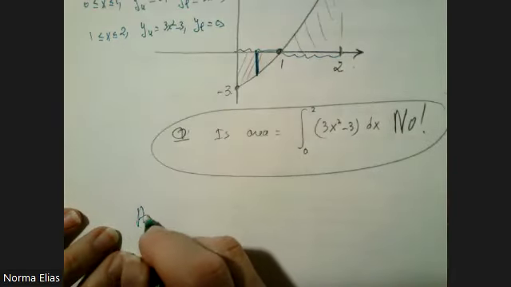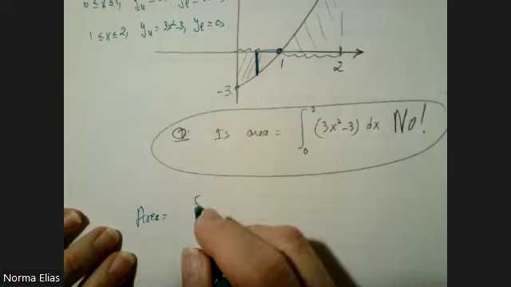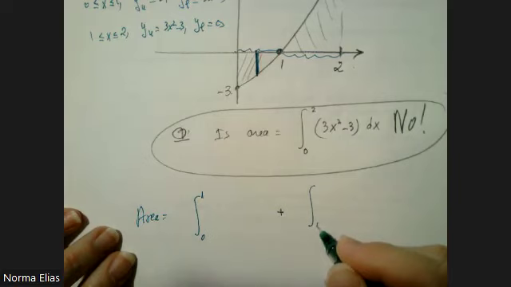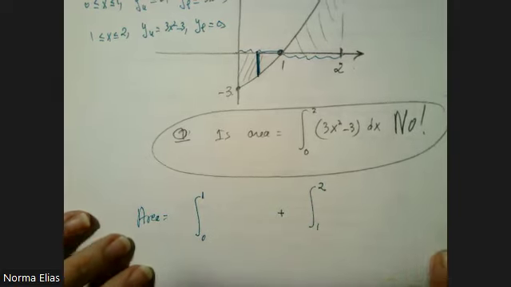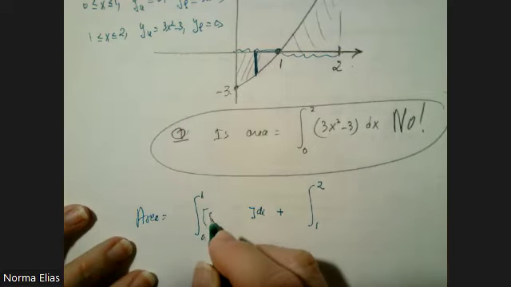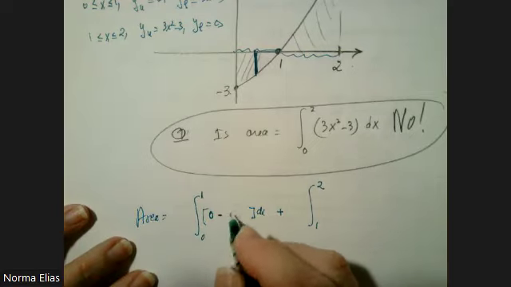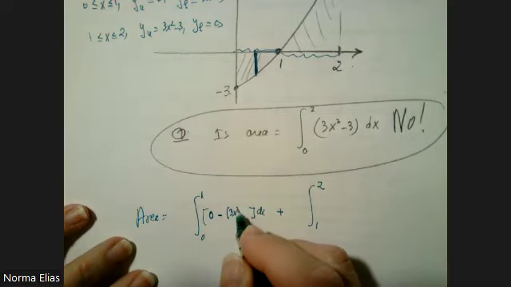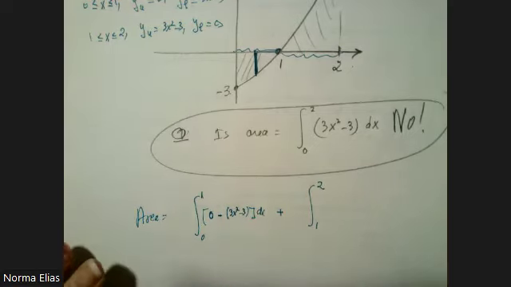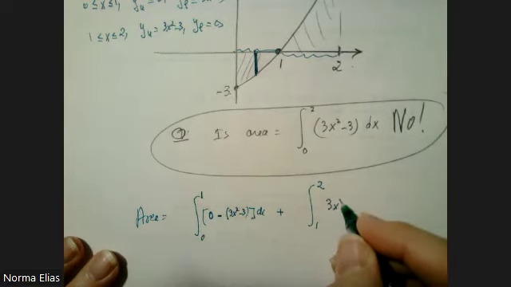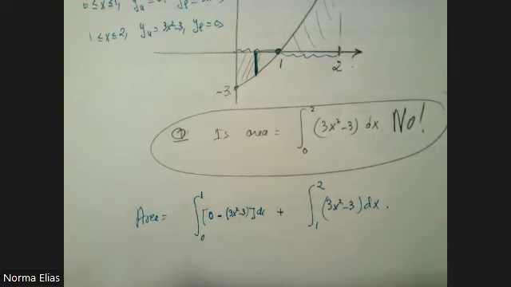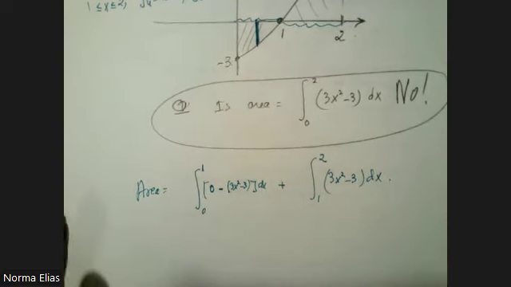So the area is going to be, we have absolutely to split from 0 to 1 plus from 1 to 2. From 0 to 1, it's going to be 0 minus (3x squared minus 3). And from 1 to 2, it's going to be 3x squared minus 3, just the regular area dx. And the rest is simple for you to evaluate.